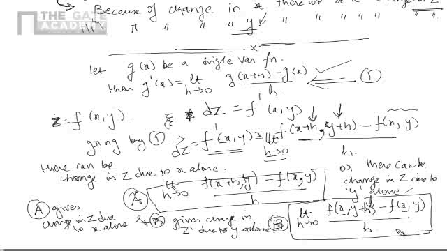Observe that when I am saying x alone, the y, here also it is y, here also it is y. Please note where I am marking. Similarly, when there is change due to y alone, x is not changing. Here also it is x, here also it is x. Whereas y plus h is becoming y here in this case. In the case of a, x plus h is becoming x. Correct?